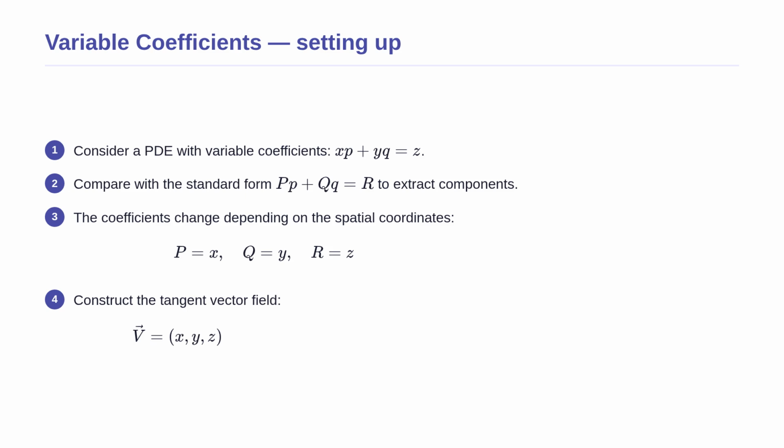Here, capital P is exactly equal to the x-coordinate, capital Q equals the y-coordinate, and capital R equals the z-coordinate. Grouping these forms our tangent vector field. Notice that unlike the previous example, this vector field is constantly shifting its direction as you move around in space.